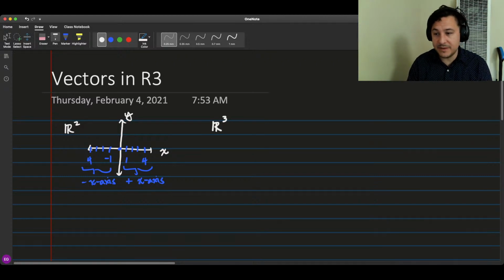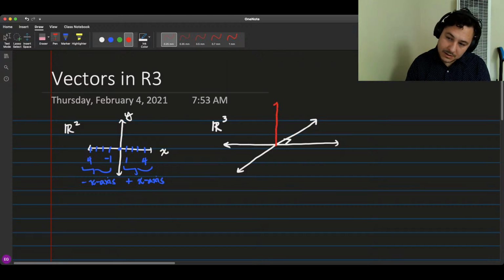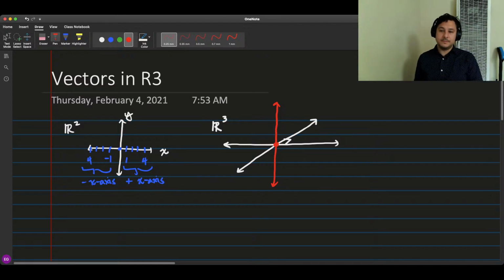Because we have one axis, and we have another axis, and these are at a right angle to each other. And then now you have this extra axis that's coming out from them, that 3rd dimension. Okay, so right here, that point, that's the origin.